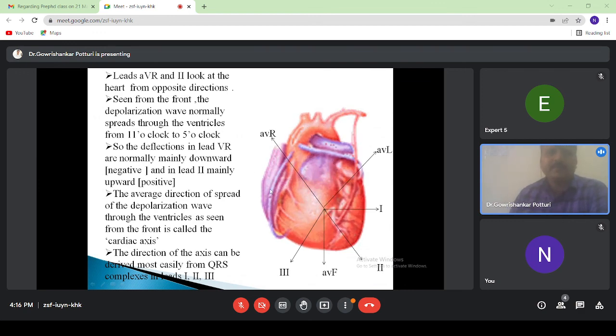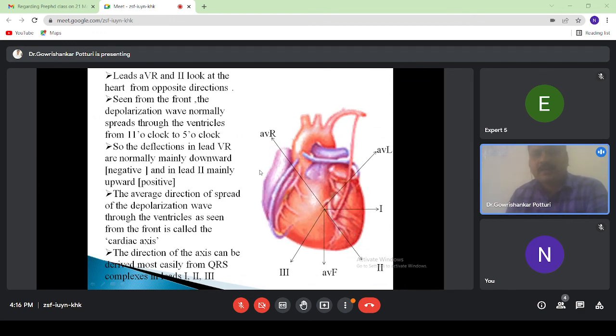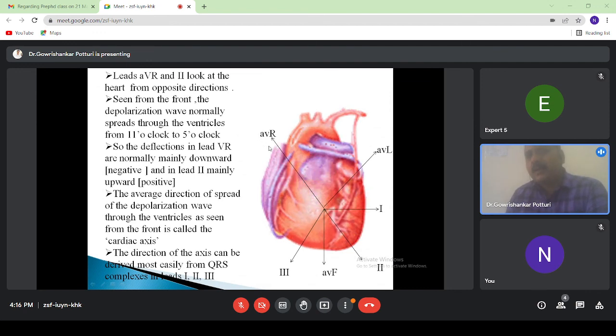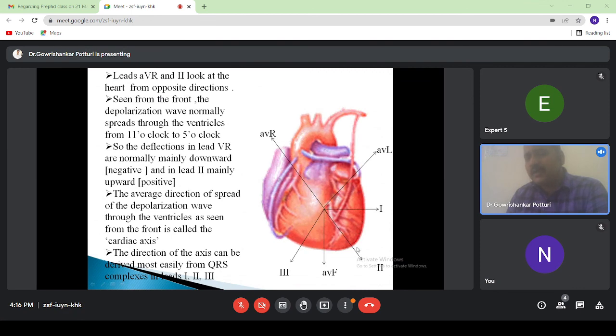This is how the depolarization wave travels. As I told you, if it is moving away, you get a negative deflection. If it is moving towards, you get a positive deflection.